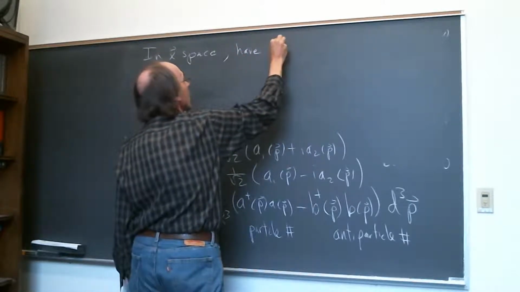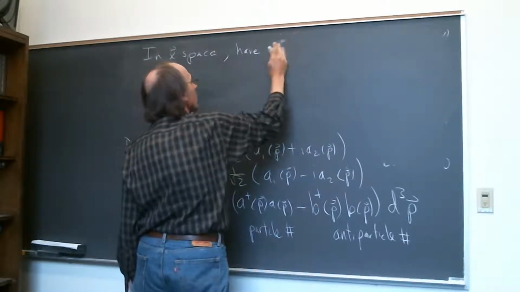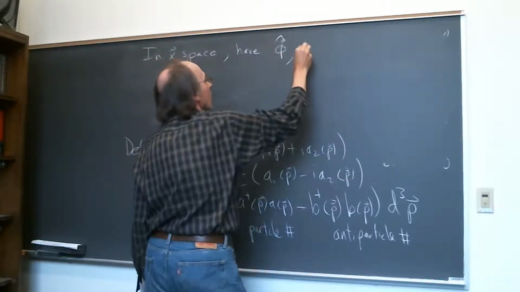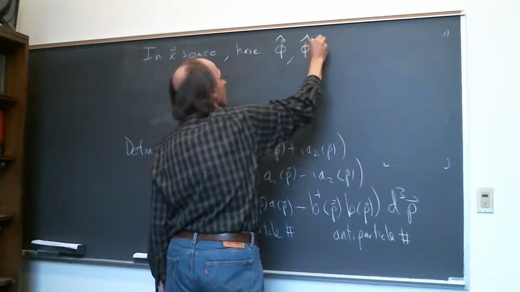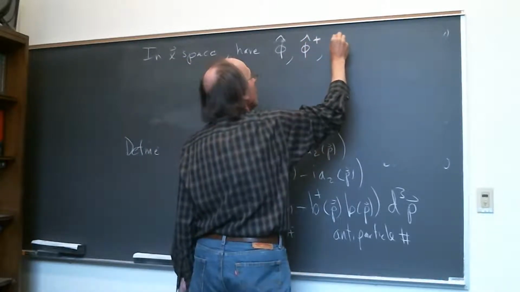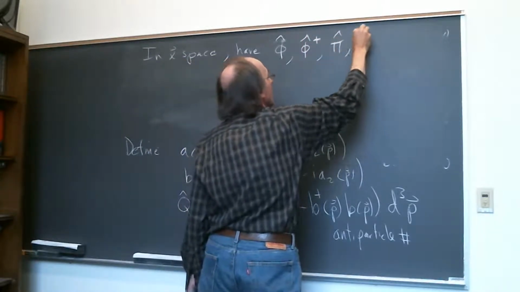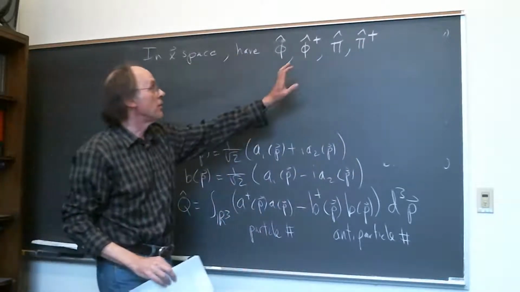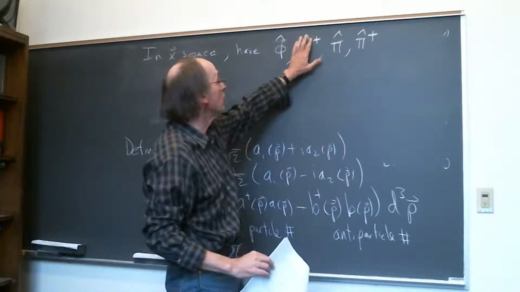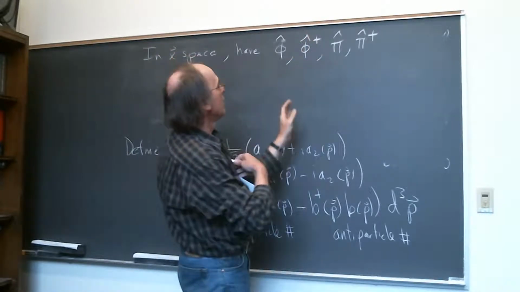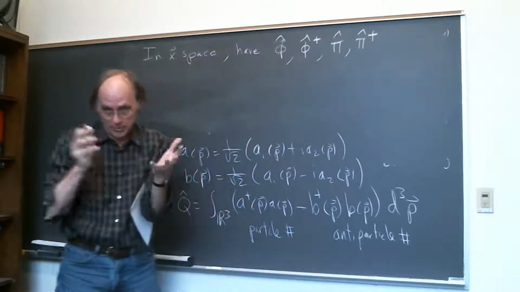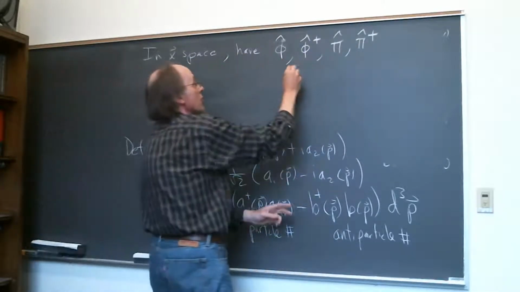Let me call this phi hat, phi hat dagger, phi. So remember what happened in the real scalar field case: you didn't have this and you didn't have this. You just had phi and pi. Those were the only operators you had.